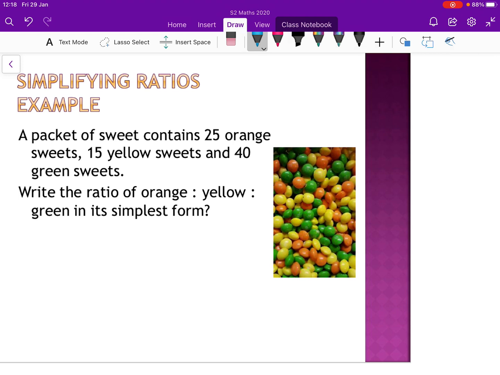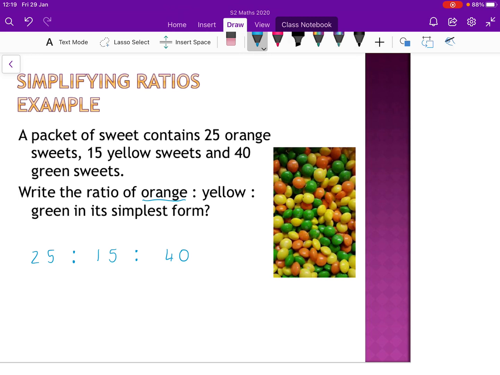So remember, first thing we need to make sure we read the question properly. So it says orange first. So I write that number down first. So it's 25. A little colon to represent ratio. Yellow is 15. And for green, it's 40. Now, looking at that, some quite big numbers, but hopefully you can remember the little trick I said.